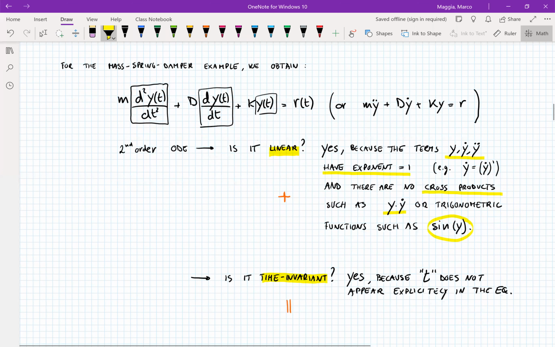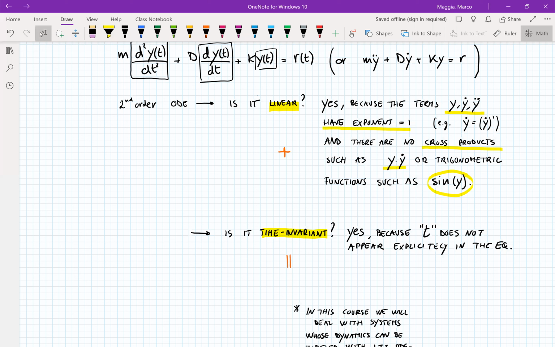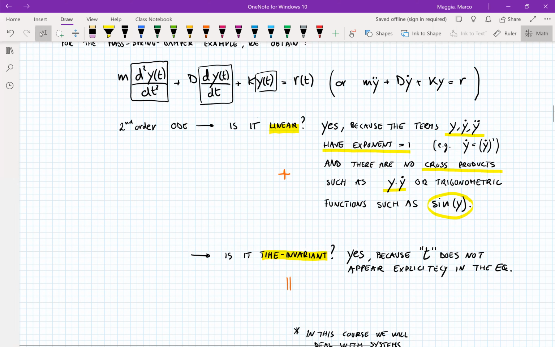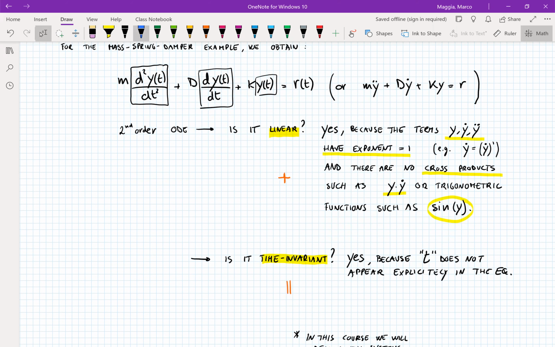The second question that we ask ourselves is: is the ODE time invariant? What does that mean? Well, a time invariant equation means that we don't have an explicit presence of the independent variable, that is time.